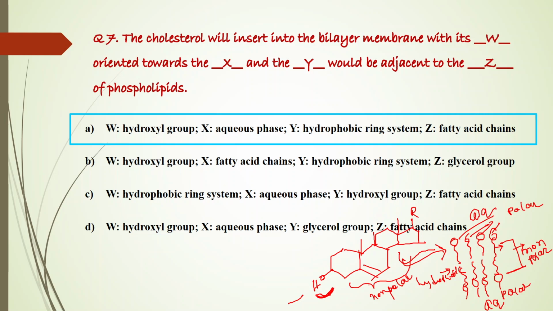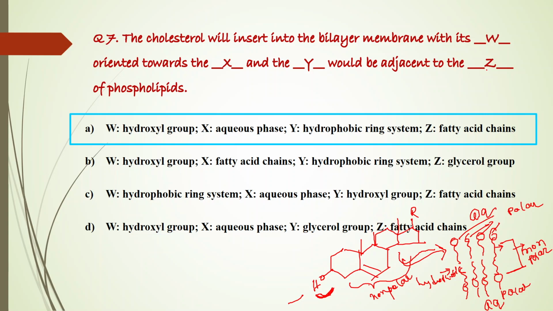The cholesterol will insert into the bilayer membrane with its hydroxyl group, W equals hydroxyl group, oriented towards the aqueous phase, just as we discussed, and the hydrophobic ring system, that is this fused ring system, would be adjacent to the fatty acid chains of phospholipids. Now this whole sentence makes sense.